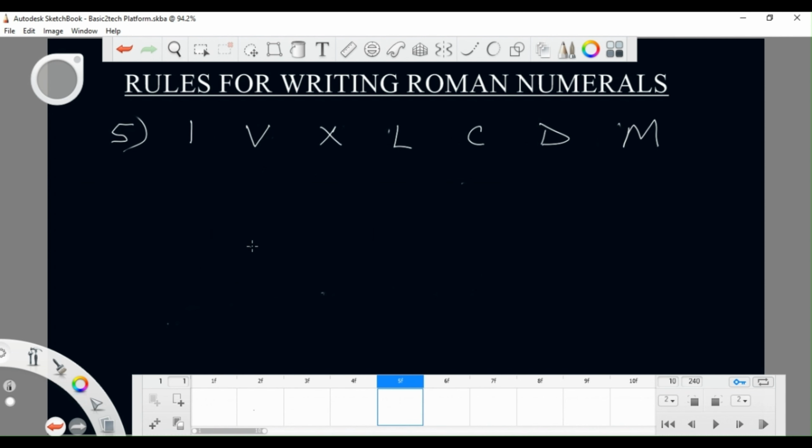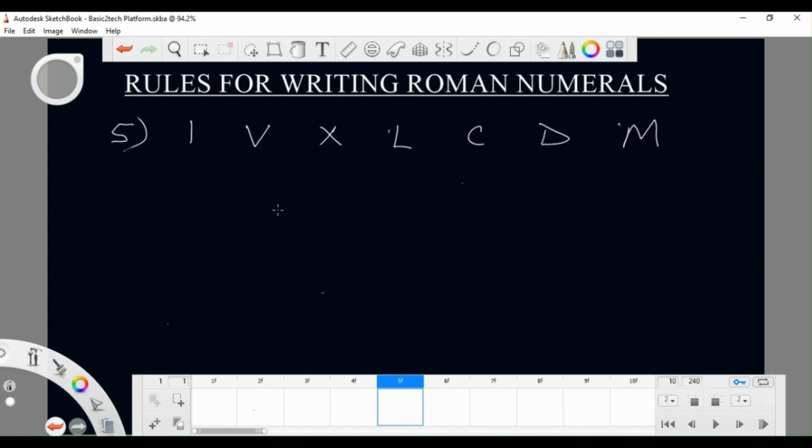For instance, a numeral can only be placed in front of the two numerals that are closest to it in the Roman numeral system. Remember, this is the Roman numeral system. The rule states that a numeral can only be placed in front of the two numerals that are closest to it.